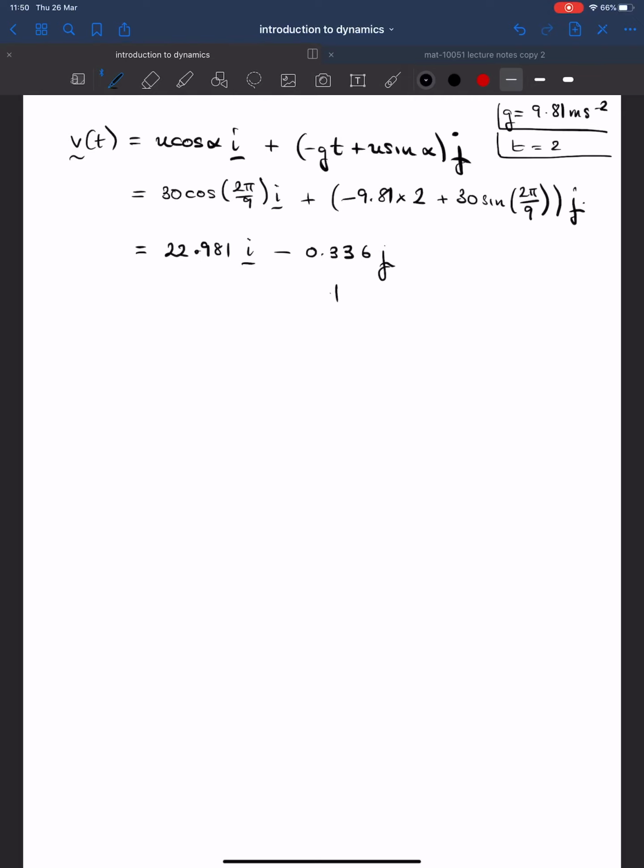And this is to 3 decimal places. Now, and this is meters per second, I simply truncated each component to 3 decimal places. What I actually want, it's v, by the way, it's v when t is 2, is the modulus of v when t is 2.